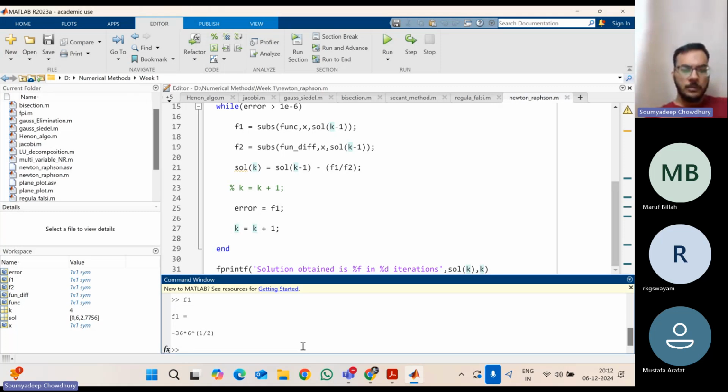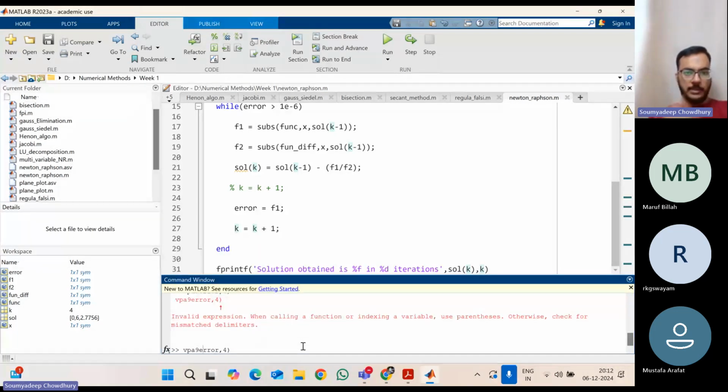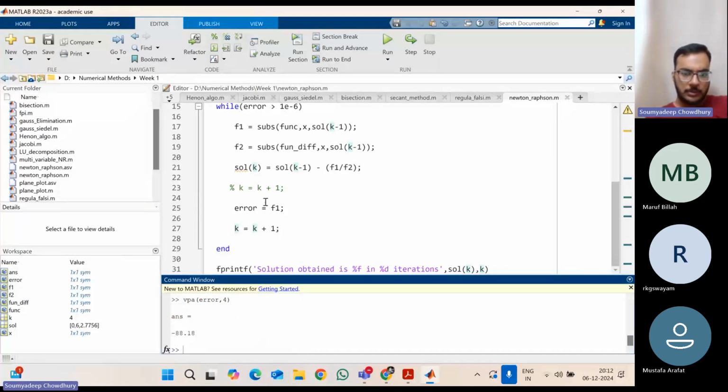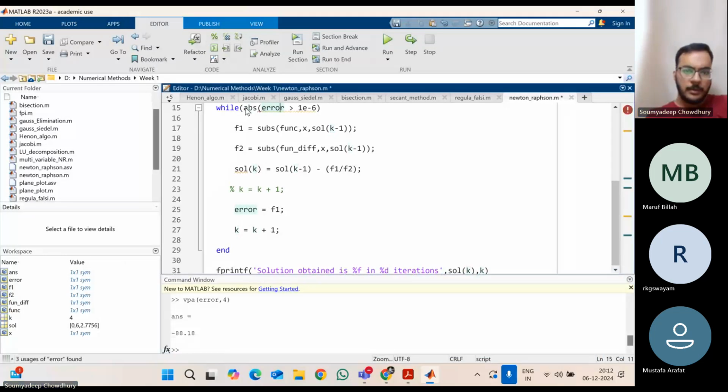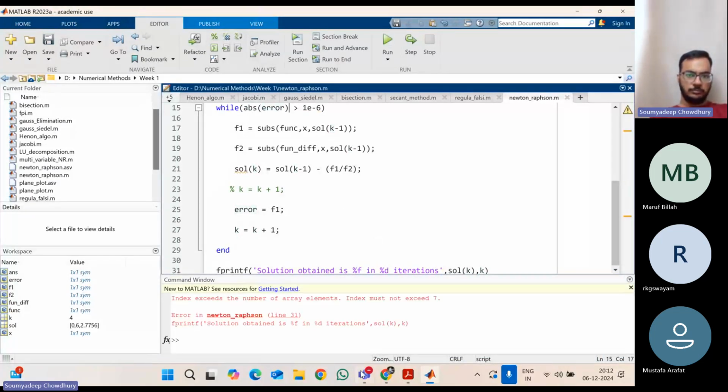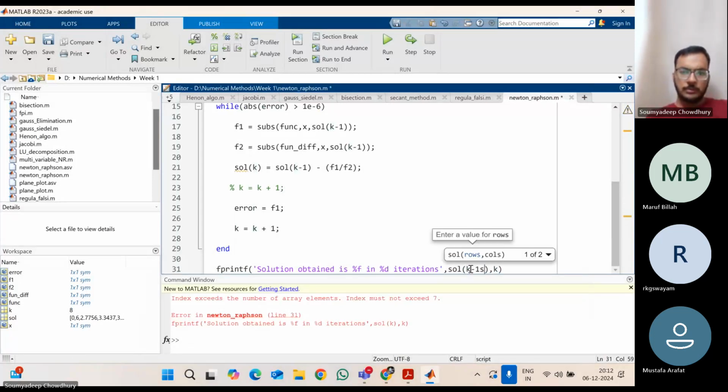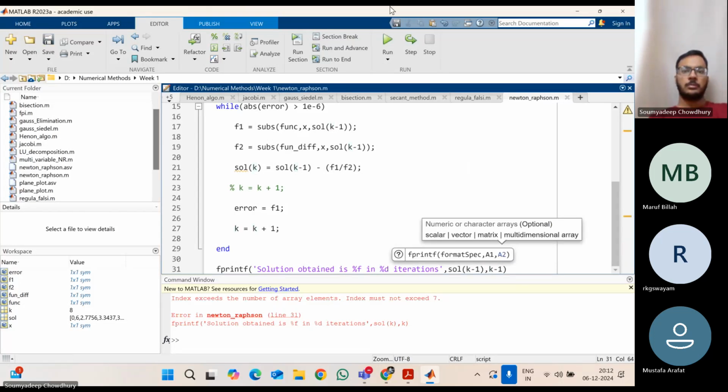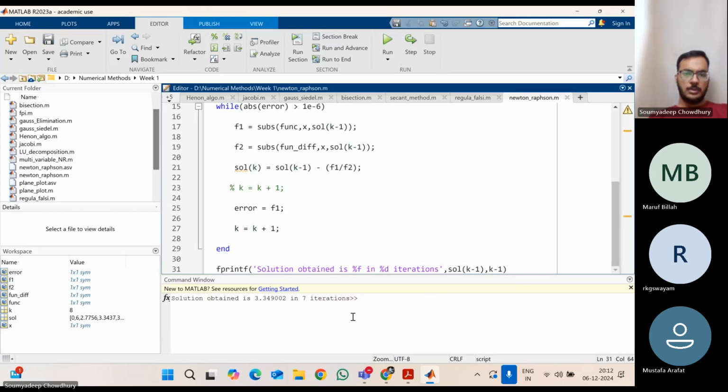Just a second. Oh, this I have to take as absolute. That's why error is coming, because it is negative, that's why it is not running. So your solution obtained is 3.349 in 7 iterations.